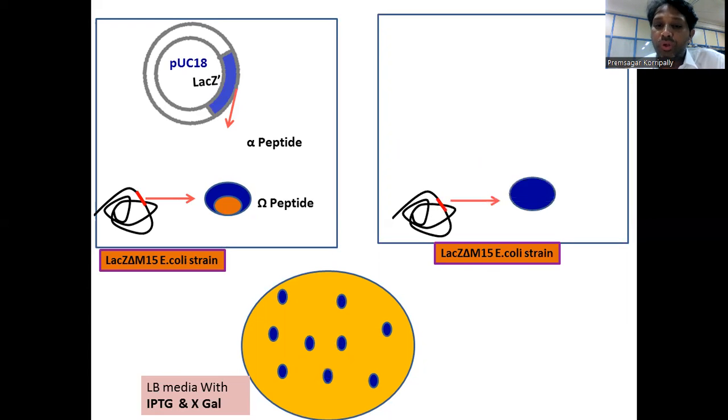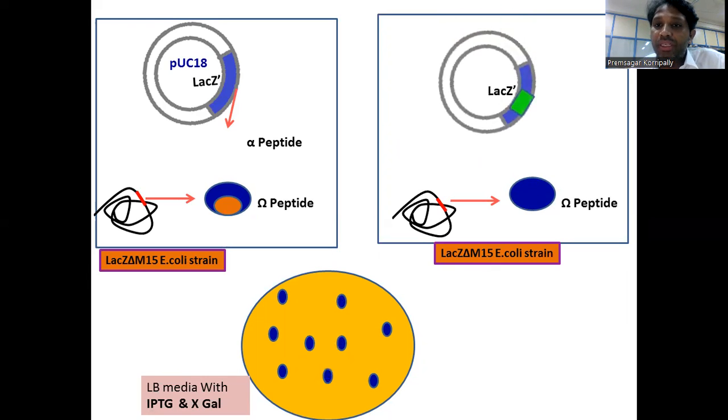So usually E. coli will produce the omega peptide, and here this construct is vector plus insert. The insert is inserted into the LacZ prime region through the MCS restriction enzymes.